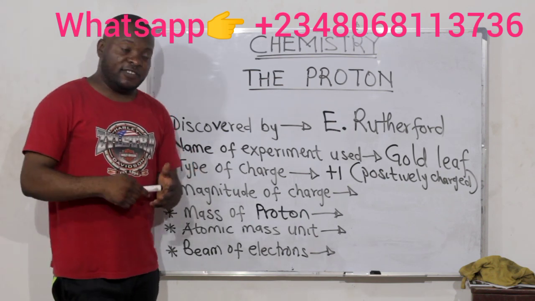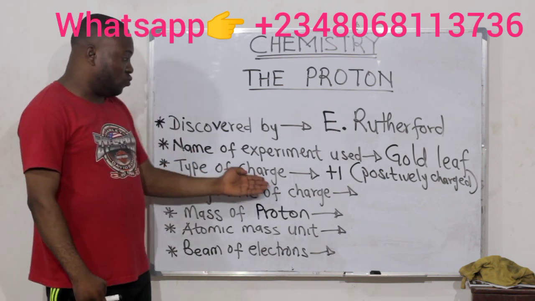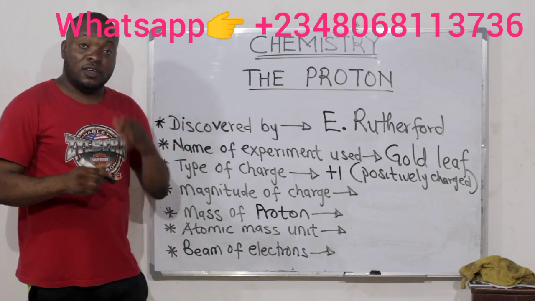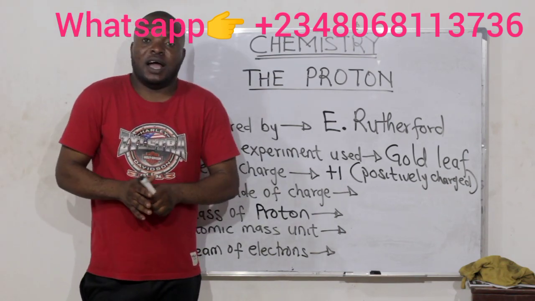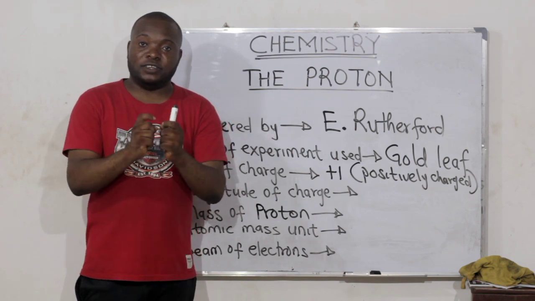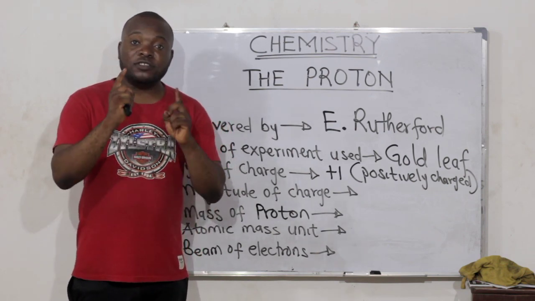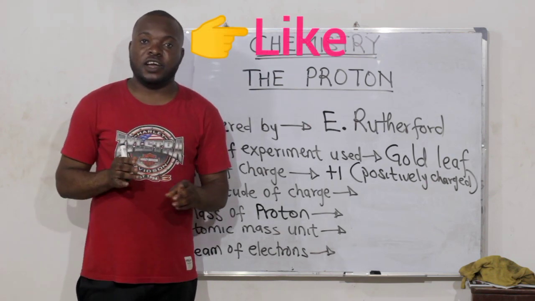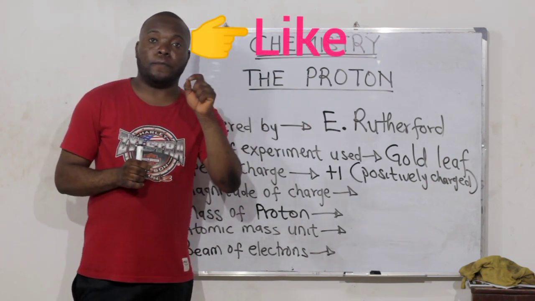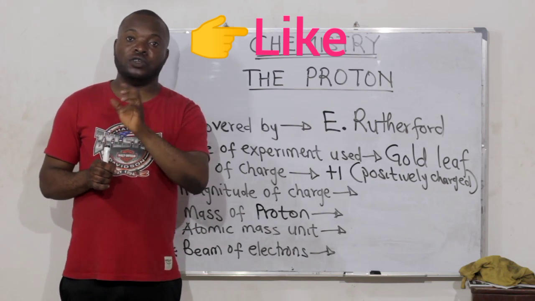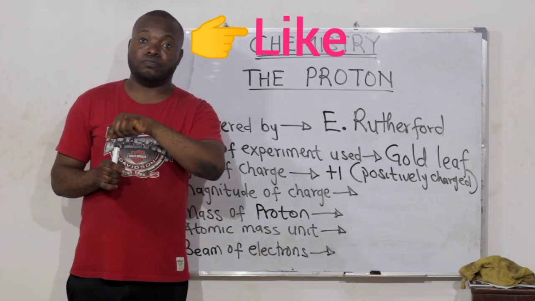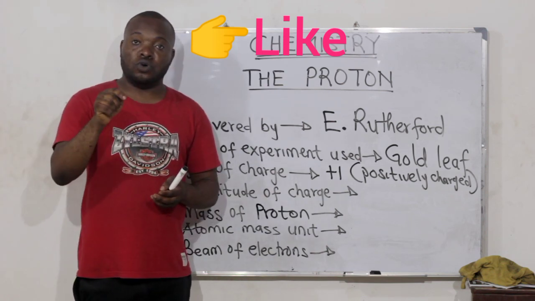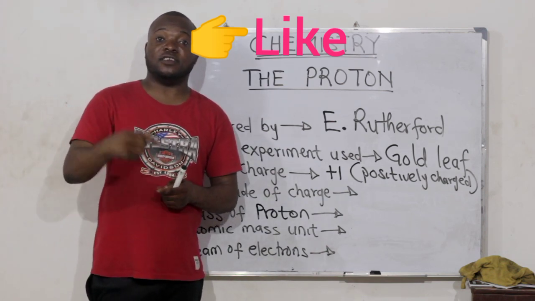And next in line is the magnitude of the charge in a proton. Note this, the proton and the electron have equal magnitude of charge, but opposite signs. The electron has a charge of -1.602 times 10 raised to the power -19 coulomb, while proton has a charge of +1.602 times 10 raised to the power -19 coulomb.